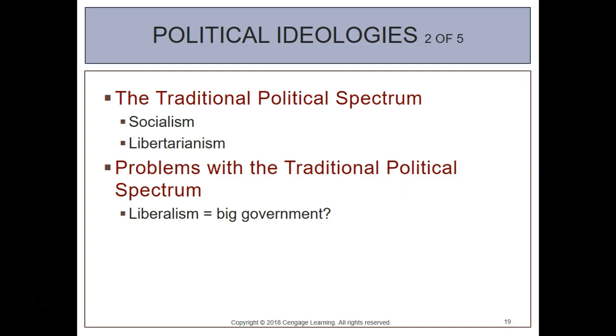Traditionally, if you want to look at some more examples here, socialism, libertarianism. Traditionally, that's what those two things were called. We now know that socialism is a very difficult concept to define because there are elements of it in most aspects of the government, even today.